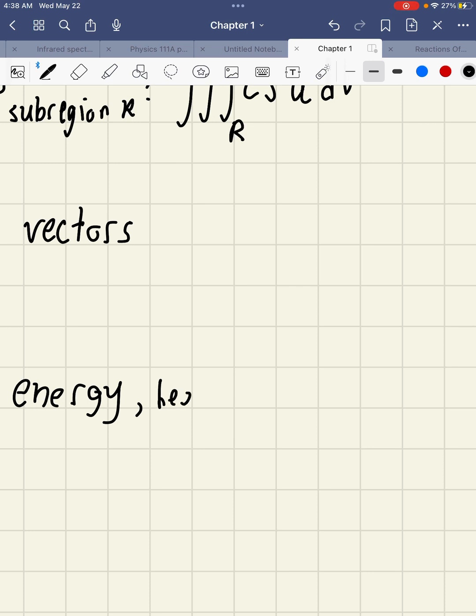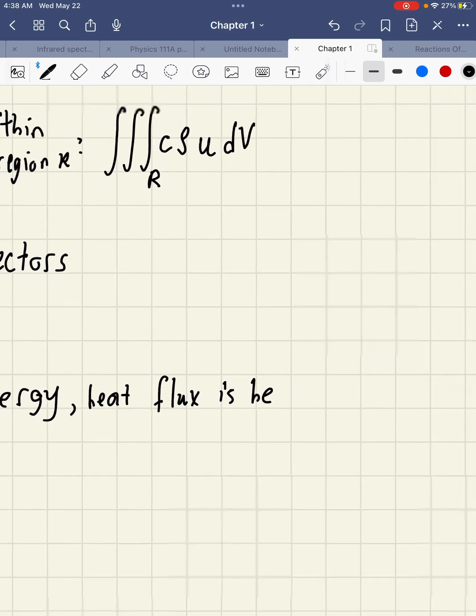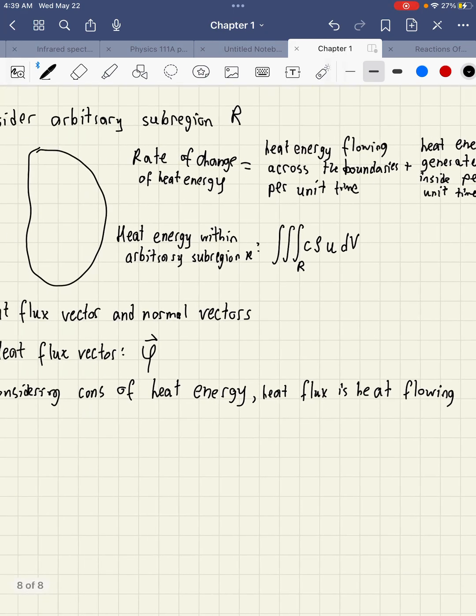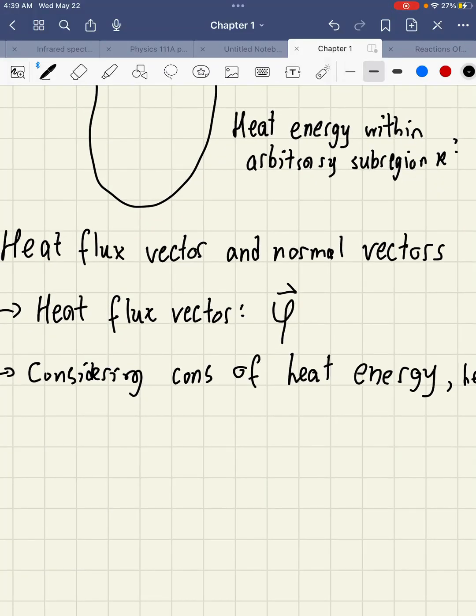The heat flux is the heat flowing across boundaries per unit of time.